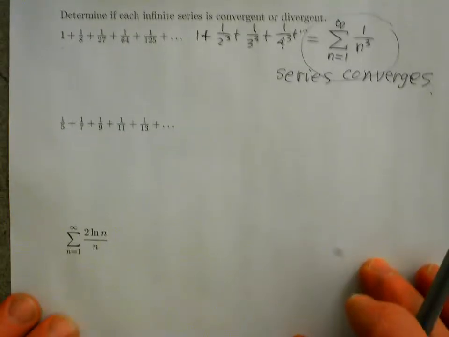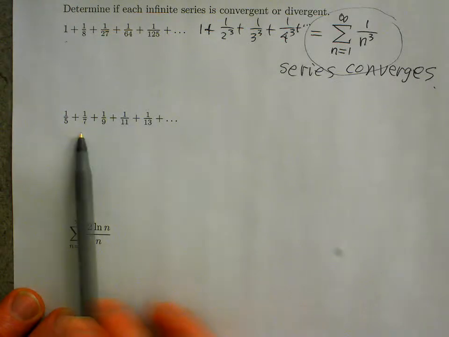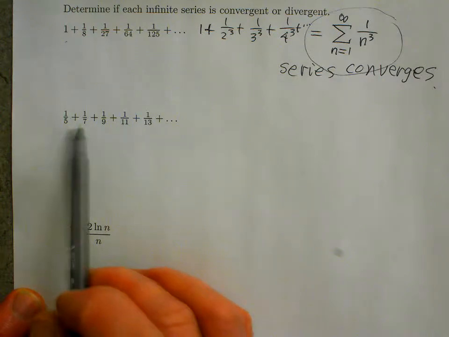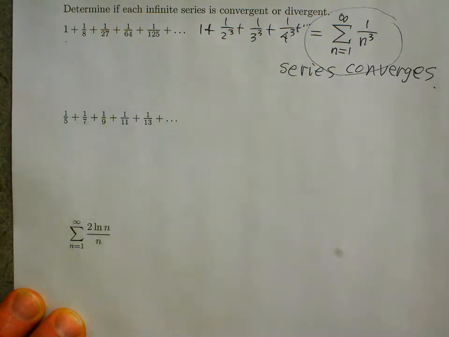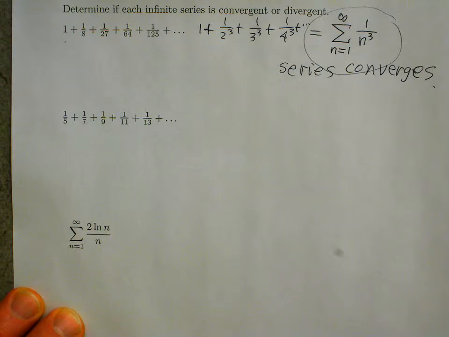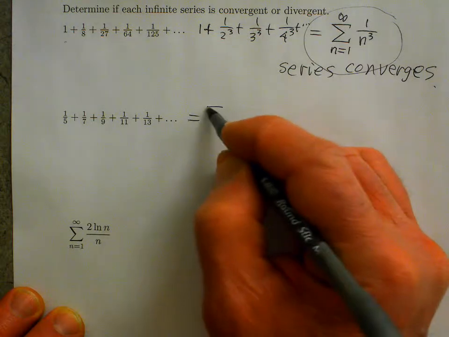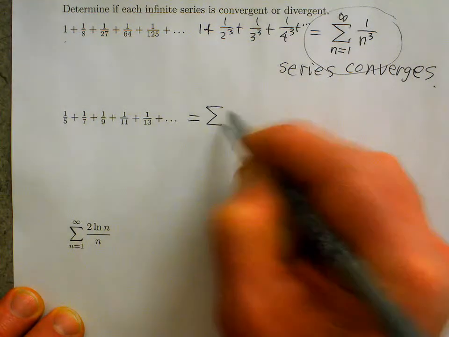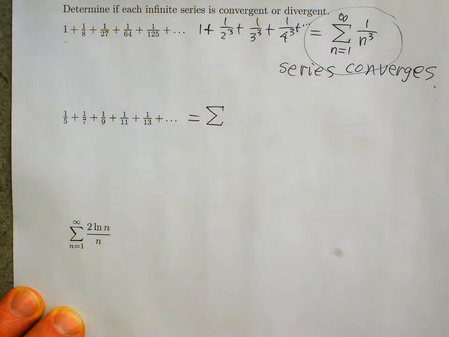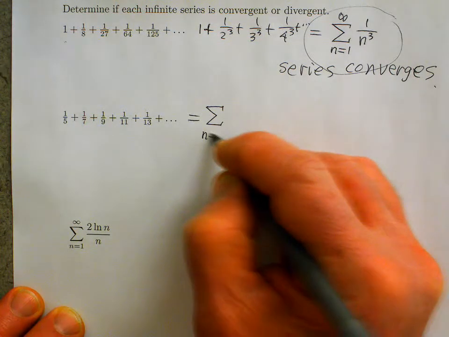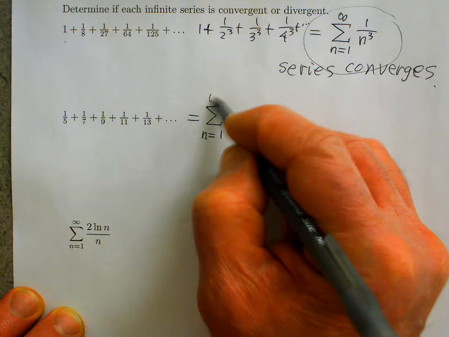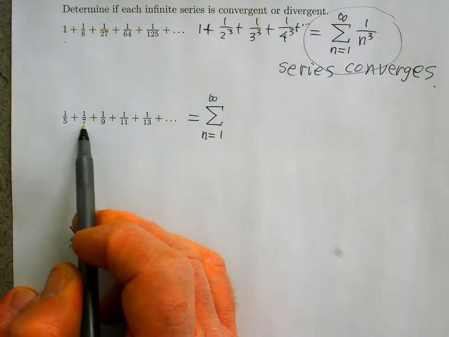Okay, we have a couple of minutes left. What about this one? 1/5 plus 1/7 plus 1/9. The individual terms are getting smaller in the a sub n sequence. So the integral test could be used. This is not a p-series, though. Notice that each of the denominators increase by 2.